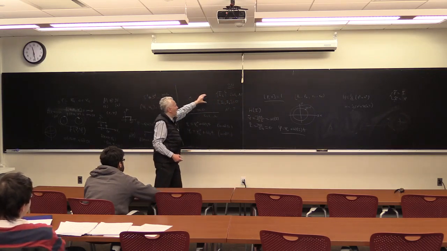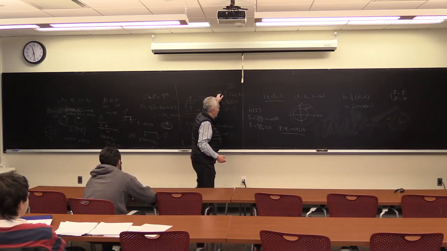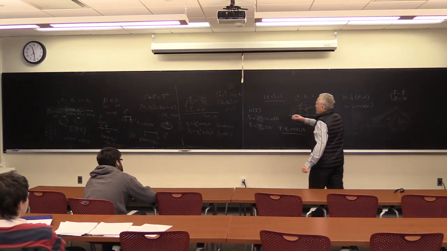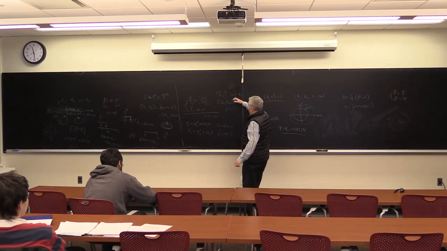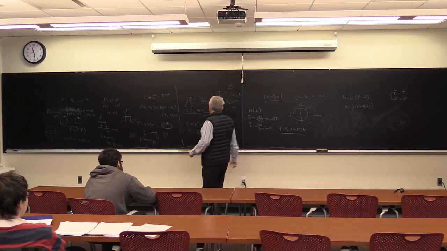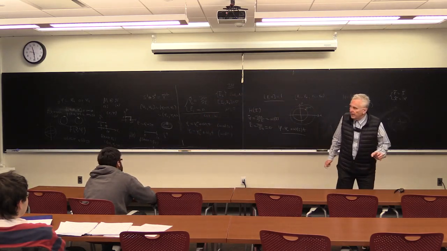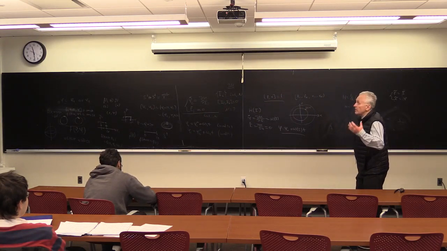So if the system can be rewritten in terms of action-angle variables, then it contains n commuting conserved integrals. And it turns out the converse is also true.